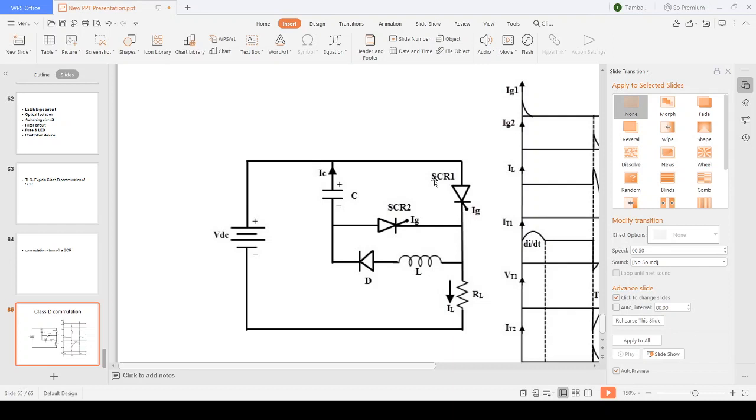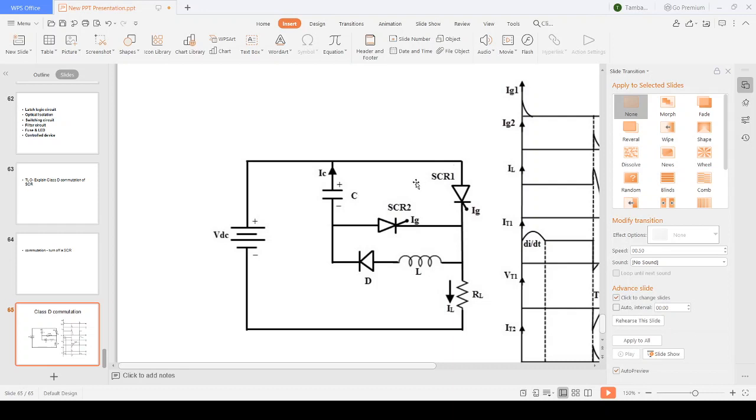The auxiliary SCR is used to turn off the main SCR, means this SCR2 will turn off the SCR1.